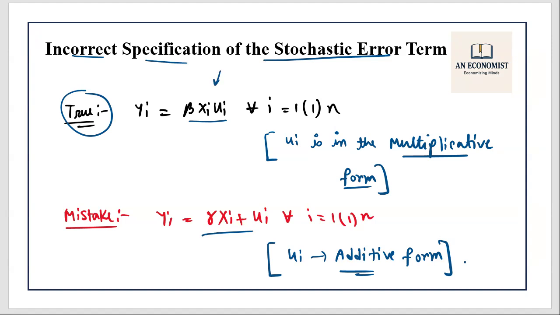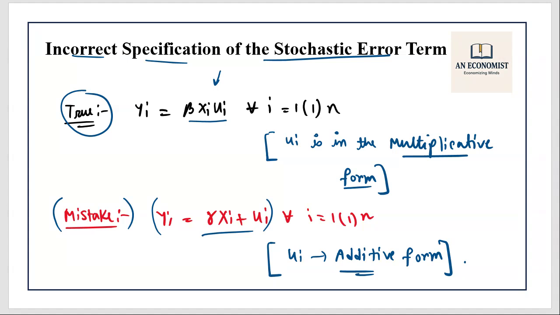The error term is coming in the multiplicative form in the original model, whereas if you commit a mistake, if you do not judge your research question properly, if you do not know which kind of model you should use in which kind of situation, then you can commit this mistake of entering the stochastic error term in the additive form, which will give you misleading results, right?